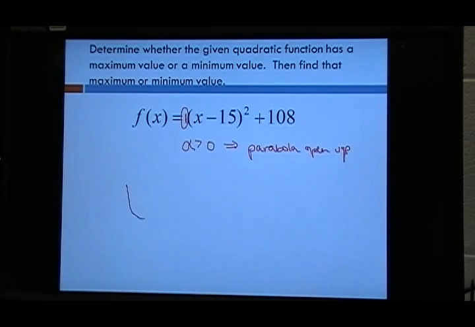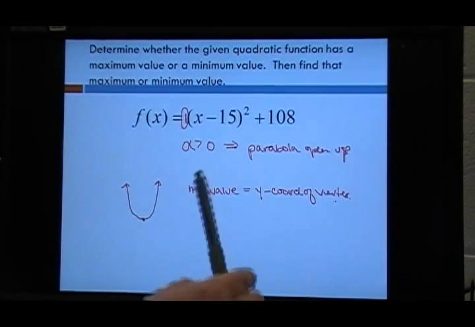So it's going to look something like this. And so now I know that I'm going to have a minimum value, and that minimum function value is going to be the y coordinate of the vertex.